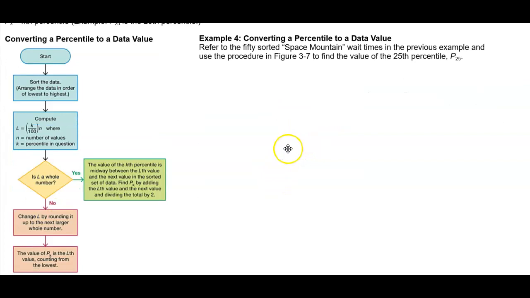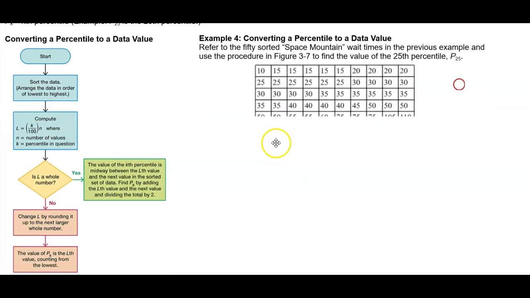Example 4: converting a percentile to a data value. We're going to refer to the 50 sorted Space Mountain wait times in the previous example, and use the procedure in figure 3.7 to find the value of the 25th percentile.